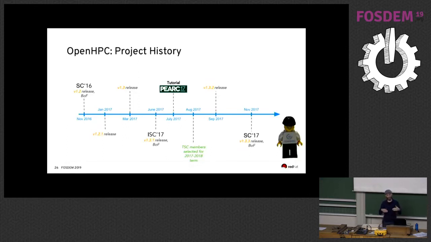Since then we continuously have a release, probably every quarter. So we update the software and do a new release. The latest release, which was released in November, is 1.3.6, and currently we are working on the next, which is 1.3.7.